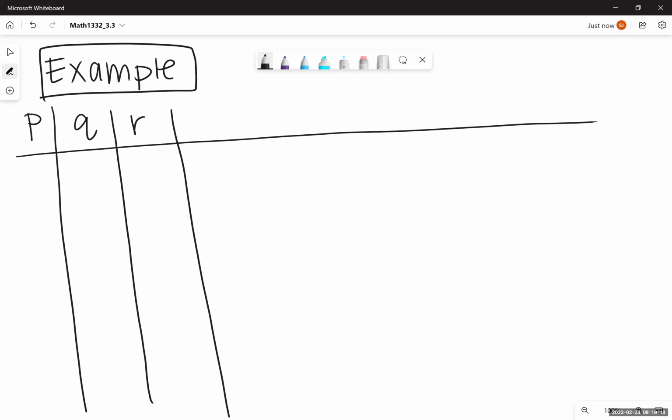Okay, so here's our actual statement that we're going to be working on. It's going to be not P if and only if open parenthesis, not Q, then R. I'm going to go ahead and start doing the values for our P, our Q, and our R. P is 4 T's and then 4 F's.